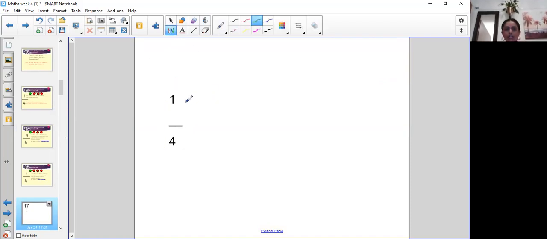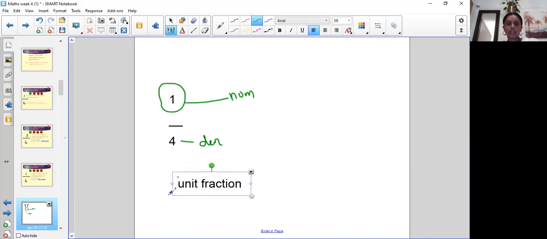This is my numerator, NUM, and this is my denominator. This is called a unit fraction. A unit fraction has 1 as its numerator.